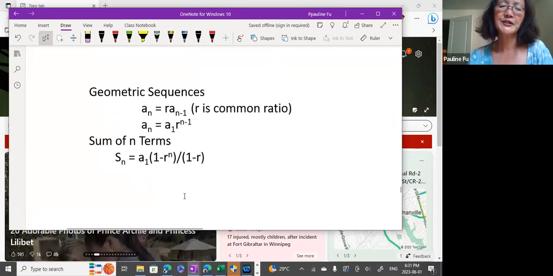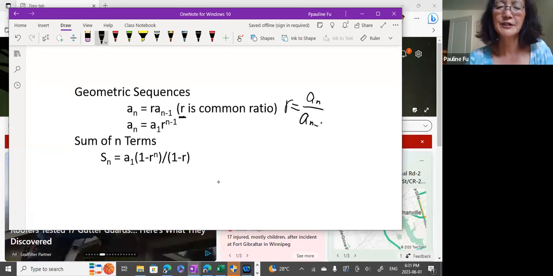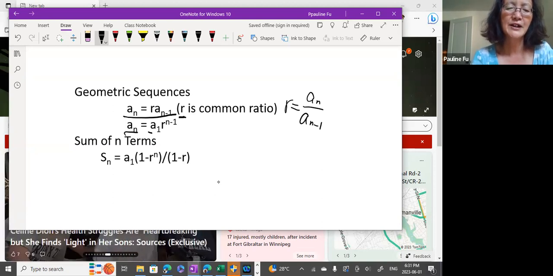For a geometric sequence, we call r the common ratio. What is the definition of r? r is the ratio between two adjacent terms. So an equal to r times an minus 1. Another formula for an is a1 times r raised to power n minus 1.